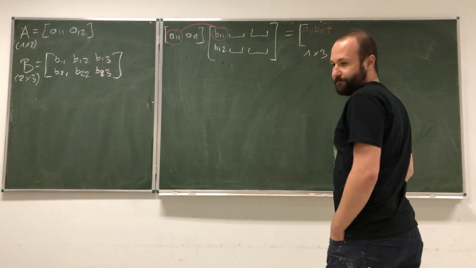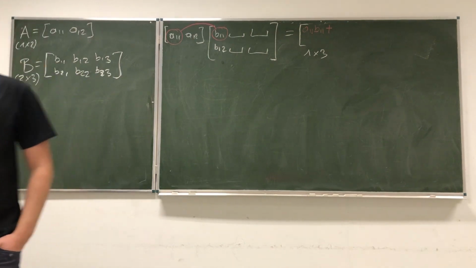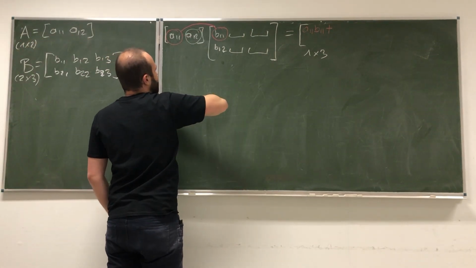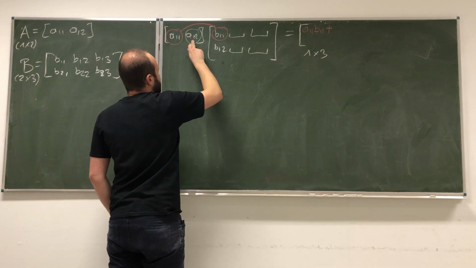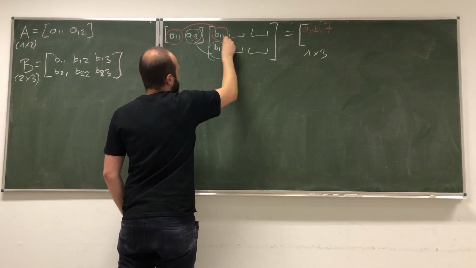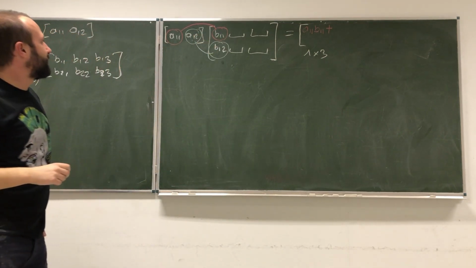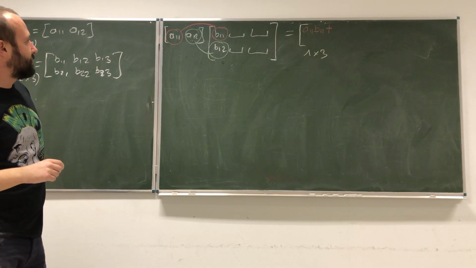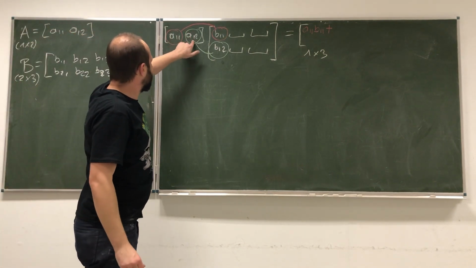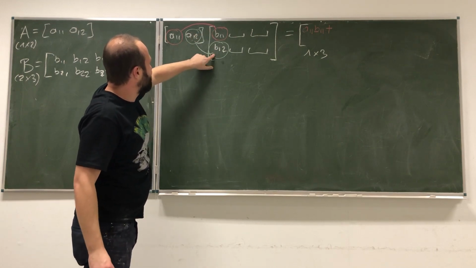Then I add, and I multiply the second element from the first row and the second element from this column, right?